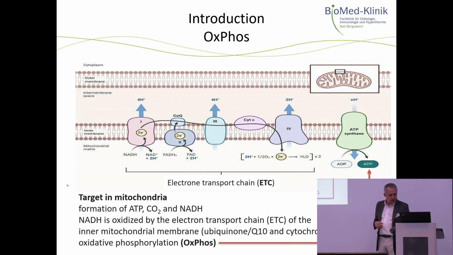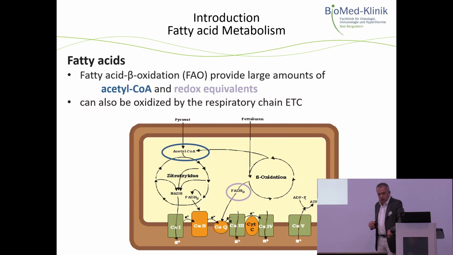This is called oxidative phosphorylation. The normal beta oxidation is done by acetyl-CoA and redox equivalents. The fatty acid beta oxidation provides large amounts of that, and this is oxidized by the respiratory chain, which is called ETC, the electron transport chain in the inner membrane of the mitochondria.